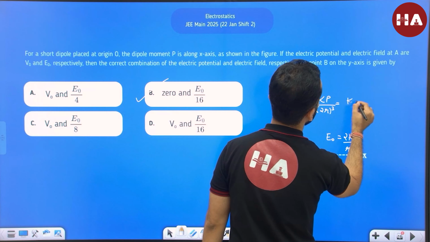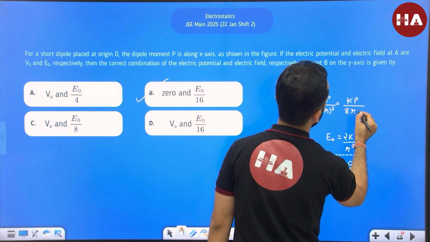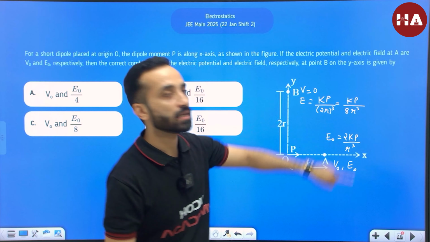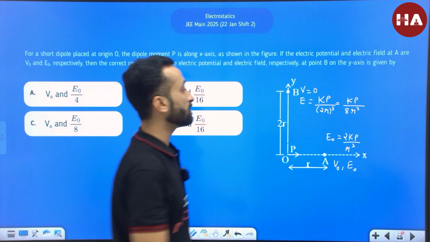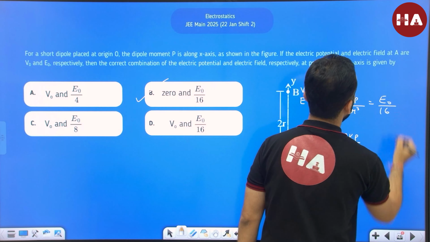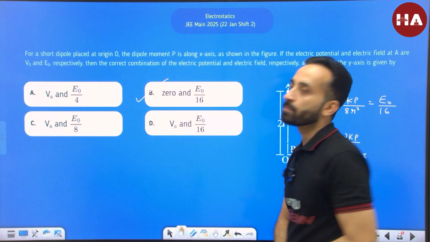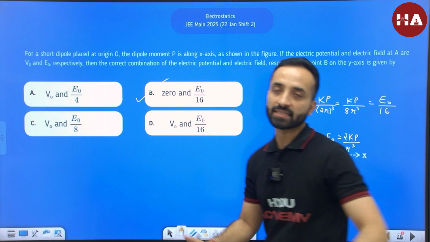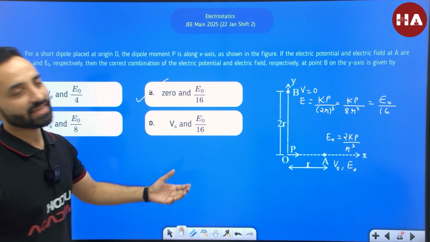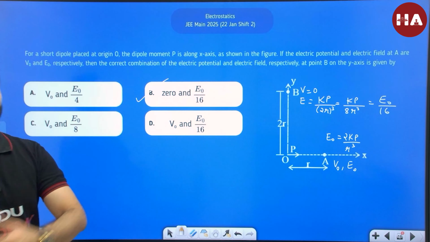So that is like kp by 8r cube. So if you compare, this has a 2 in the numerator and this has an 8 in the denominator. That means this term is 1 by 16th time of this term. And hence, option B now makes complete sense, that V is 0 and E is going to be E0 by 16, my dear students, right? Copy this down, then we move forward.